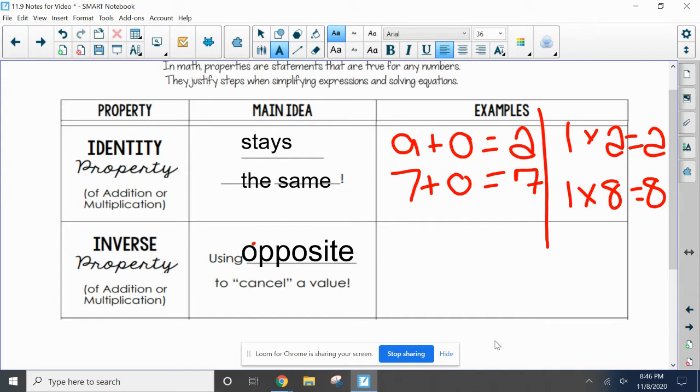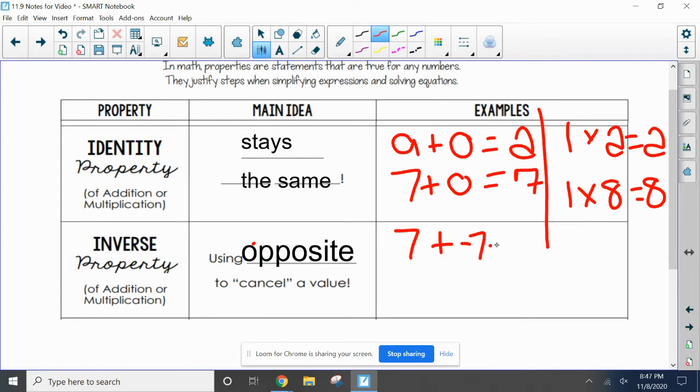We said that the inverse property of addition stated that if I had -8 and +8 and I added them together, they would cancel out. So if I had 7 plus -7, we're going to get 0. Just to give you your letter form that I've been giving you, A plus -A is going to give me 0.